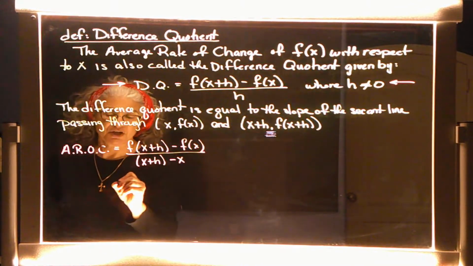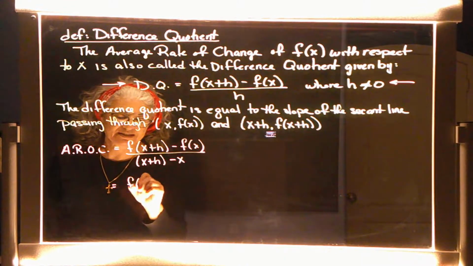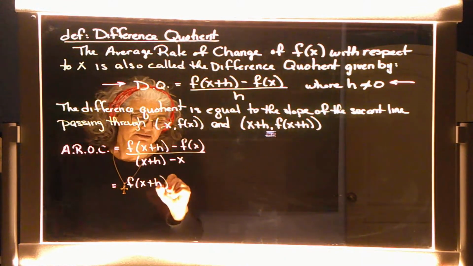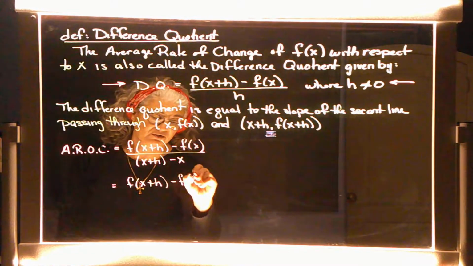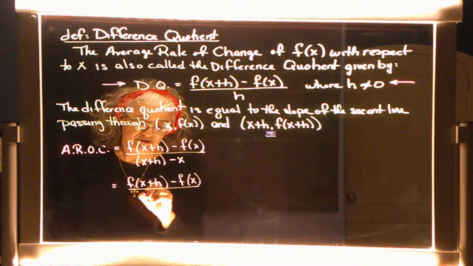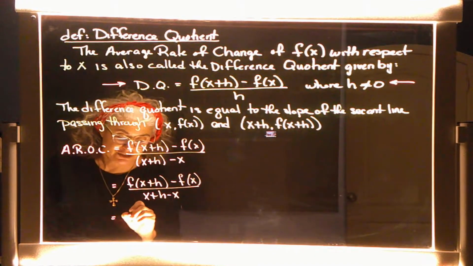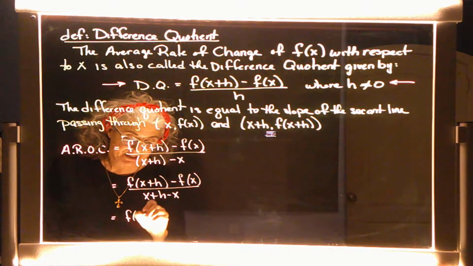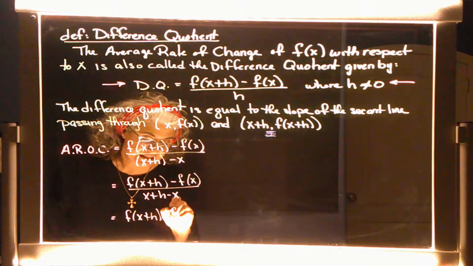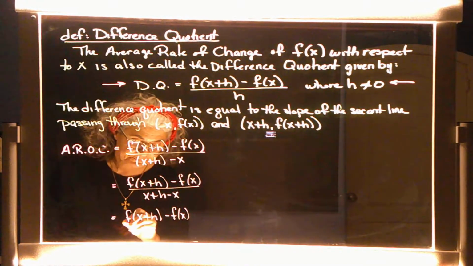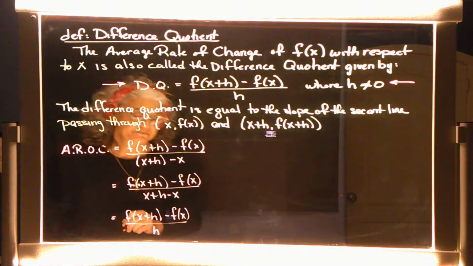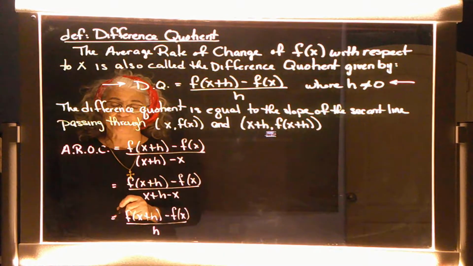Okay, so if all I do is simplify the denominator, because there's not a whole lot I can do to the numerator, I'm noticing that the x's in the denominator drop out, and I am left with simply having an h on the bottom.